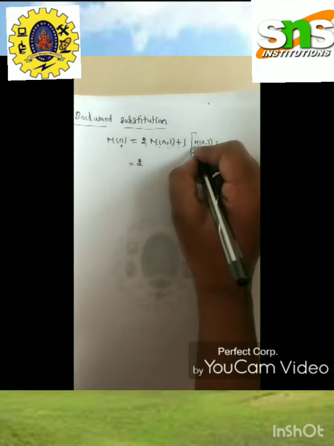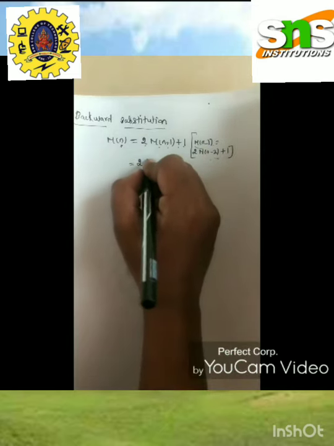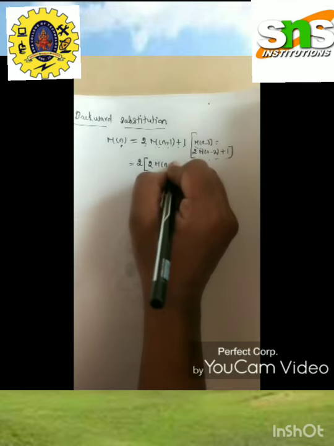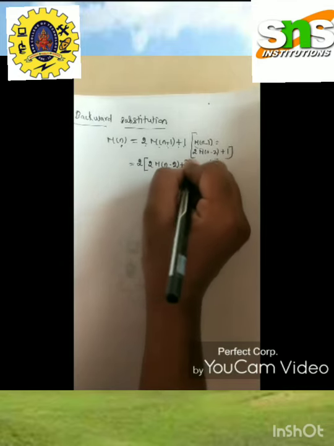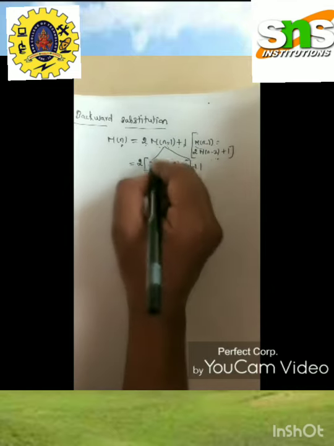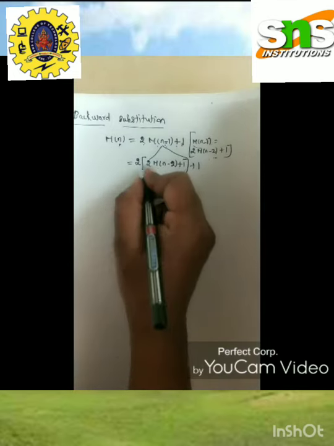So instead of n minus 1, I am going to substitute this part: 2 into m of n minus 2 plus 1. This plus 1 is a separate one. Instead of this term, I substituted this one.